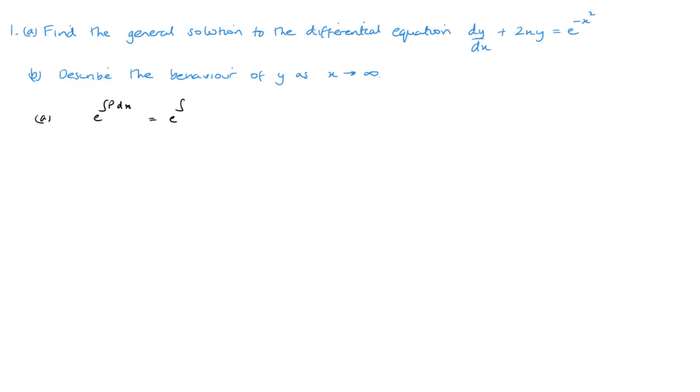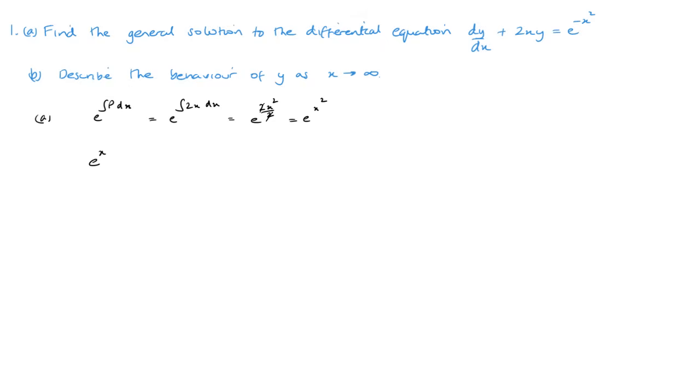So that's e to the integral of 2x dx. Now 2x will integrate to 2x squared over 2. The 2's will cancel, so this is e to the power x squared. So that's what I'm going to multiply by.